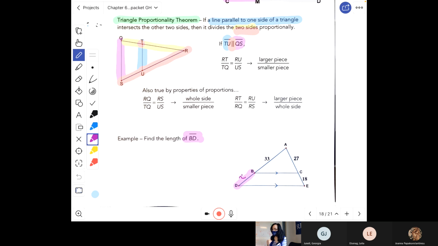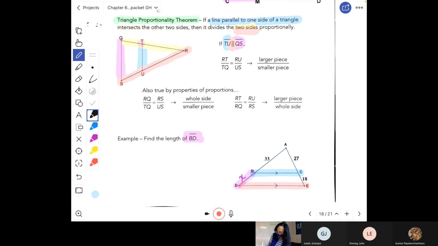As in the triangle proportionality theorem, I do in fact see that this is parallel to this. So if that is parallel to the base of the triangle, I know that I am dividing each of those sides of the triangle proportionally. The two sides are proportional. So let's look at what we know and write a proportion.